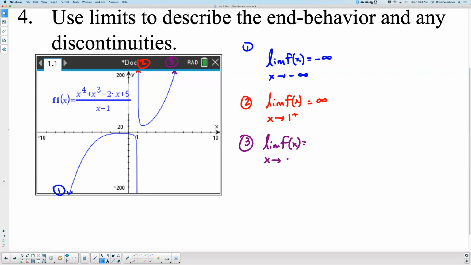So that would be positive infinity. What's happening to my y values here? Are they rising, falling, or is it getting flat, approaching some constant value? It's rising. Okay, and last one. Call this limit 4.